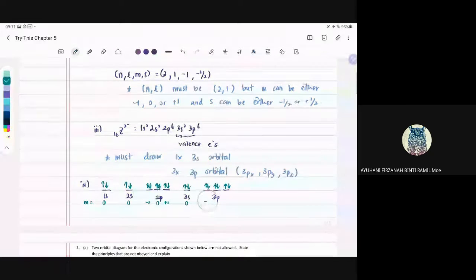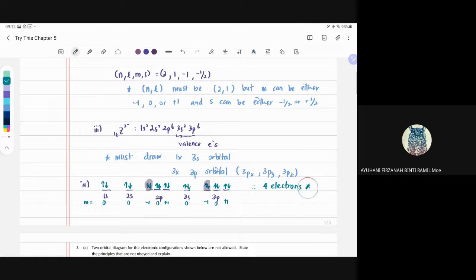Dan ini negatif 1, kosong, positif 1. Ini semua value M dia. Jadi kita kira elektron yang dekat M negatif 1 sahaja. Jadi nilai dia adalah 1, 2, 3, 4. So the answer is 4 electrons. That will be the answer untuk soalan nombor 4.